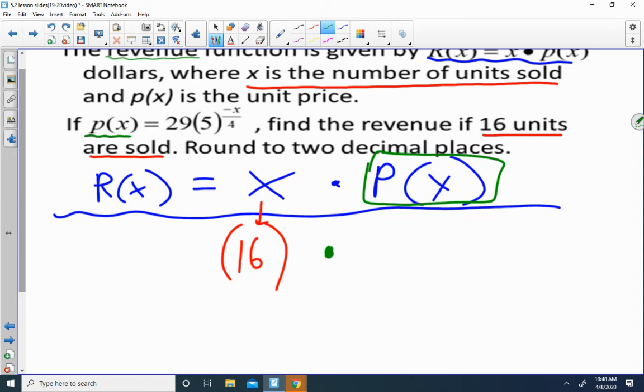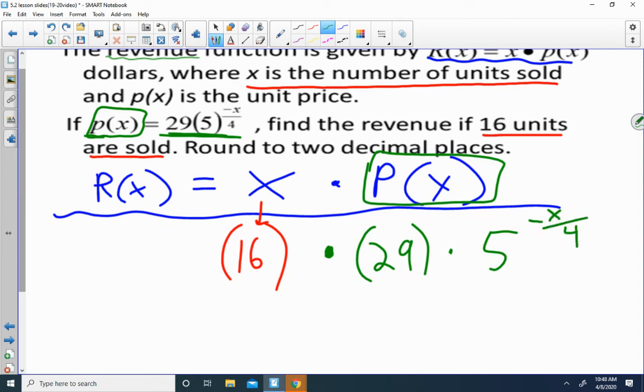No, but it does have a formula to find the price, which is equal to this. And it looks like the formula says that we're going to take 29, and then we're going to have to multiply that by 5 to the power of negative x all over 4. Now the question is, what the heck am I supposed to put in for the x?